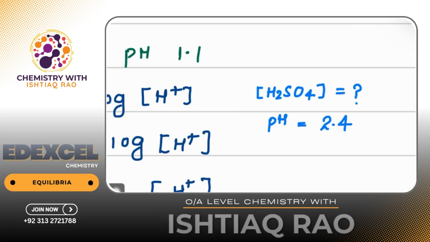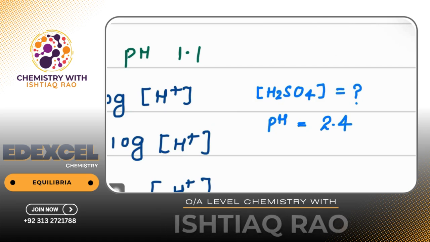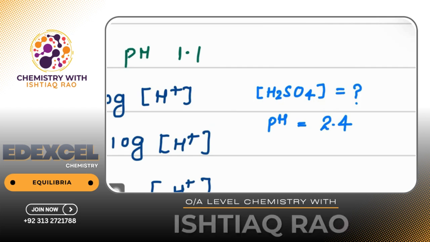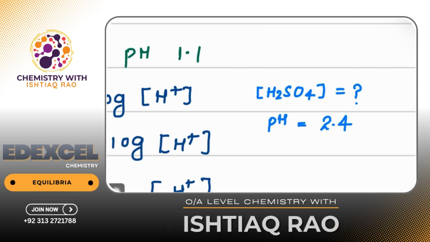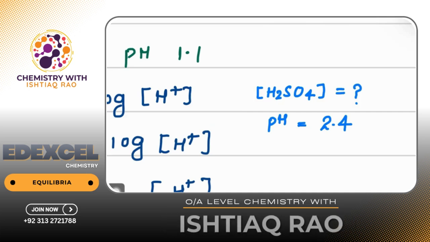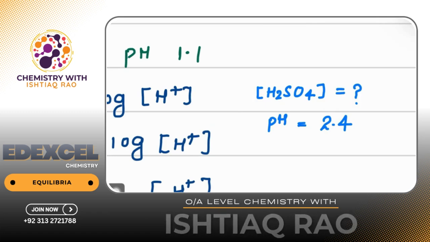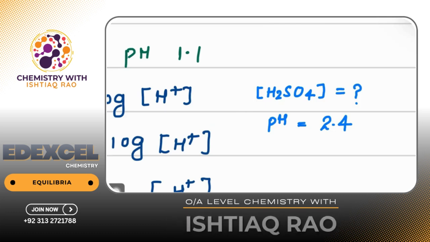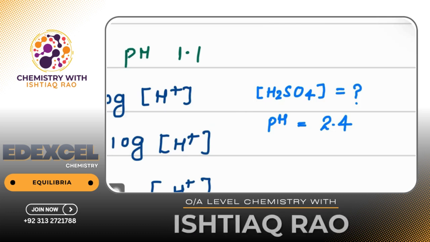Is it going to be 0.003? 0.003. So what you did, first of all, you found the concentration of H positive ion after applying the formula, that is pH is equal to the negative log of H positive ion.